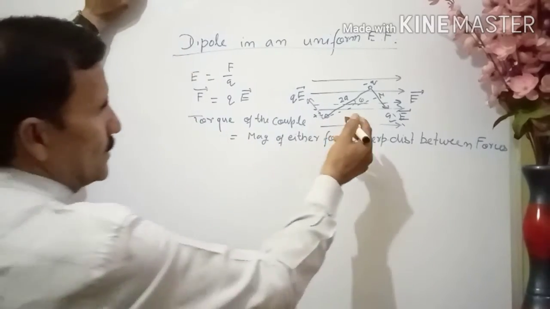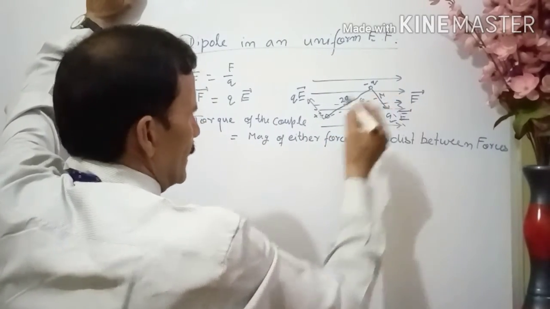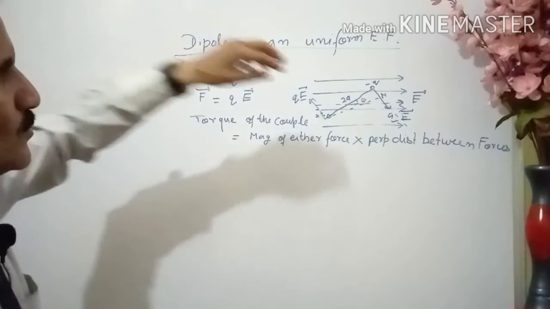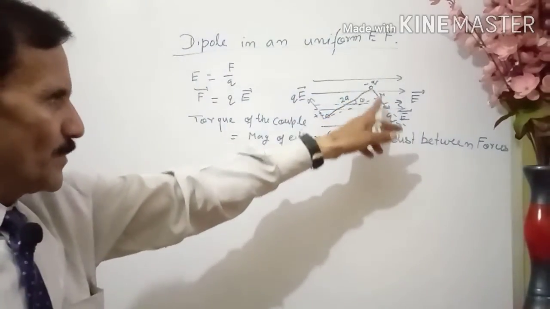Now since the angle is theta, this distance can be obtained; it is nothing but 2a sin theta. It is perpendicular.